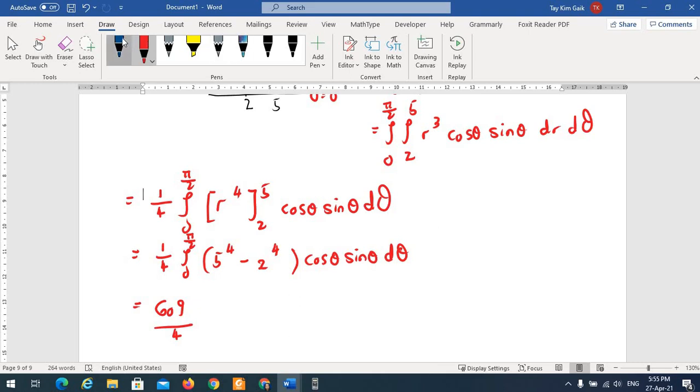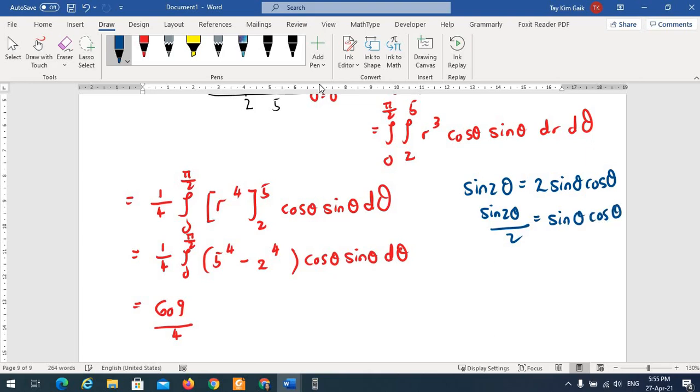Remember you have sin 2 theta equals 2 sin theta cos theta. So that's why cos theta sin theta, I will change it to sin 2 theta divided by 2, d theta.